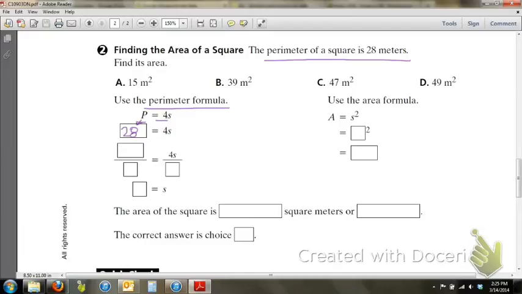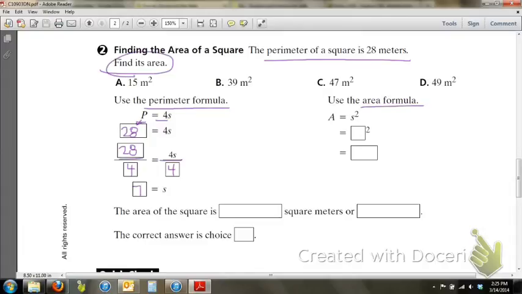Now I need to solve this equation. Well, how can I figure out 28 equals 4 times what? To figure that out, you can divide both sides by 4. And I know that 4 goes into 28 7 times. And then now they want me to find the area, so I'm not done.